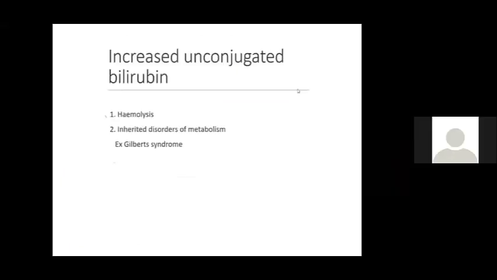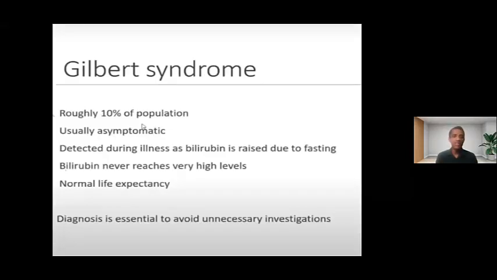You have to exclude hemolysis or inherited disorders of metabolism. It's Gilbert syndrome. So what is Gilbert syndrome? It affects about 10%. It's not very common, but we will come across a lot of such patients in our clinic.